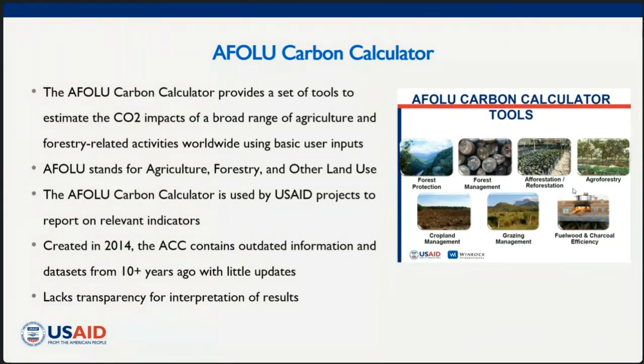And then let me see if I understood the second question correctly. You mentioned remote sensing data and wanting to understand the source of the data that is put into the AFOLU carbon calculator calculations. Each of the different data sets that is used is in the documentation of the tool.